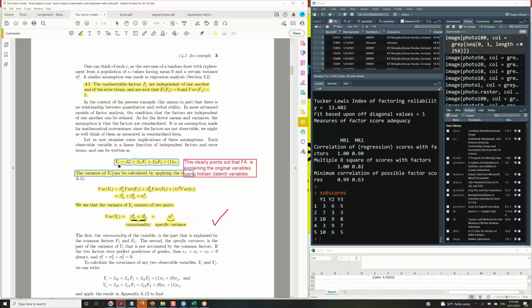And the variance of each of the scores yi: because beta 1,0 is a constant, its variance is 0. So it is beta 1,1 square times variance of f1, plus beta 1,2 square times variance of f2, plus variance of ei. These are all independent by the assumptions before. So it becomes like this. Agreed? Yes. Okay.